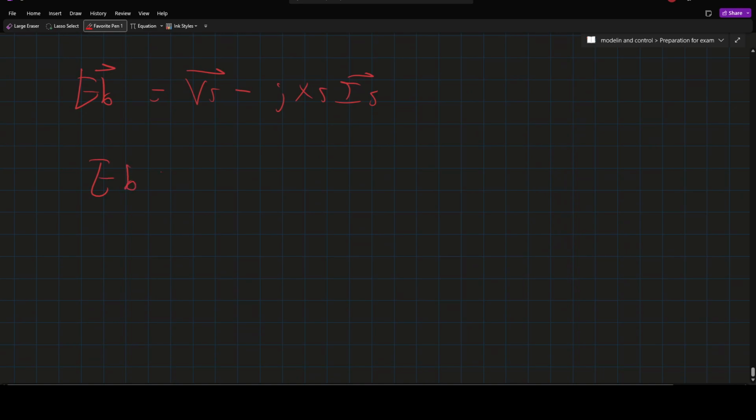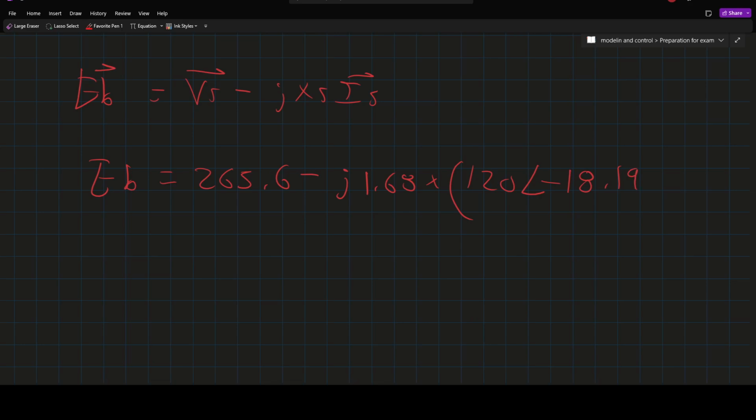So we have EV equal to 265.6 minus j 1.68 times our 120 at an angle of minus 18.19 amps. So for our question A, we get an EV equal to 278 at an angle of minus 43.4 degrees. These are all in degrees.